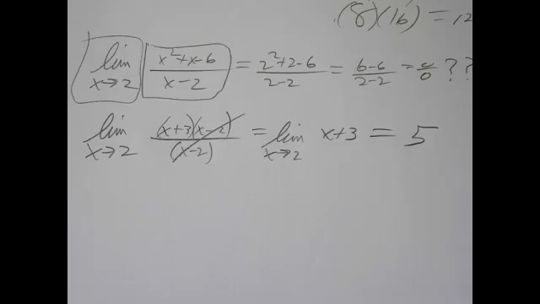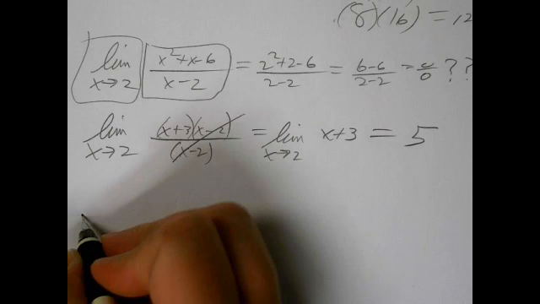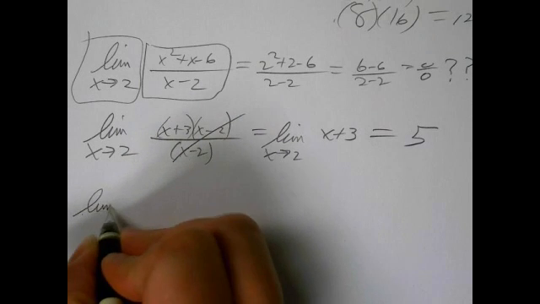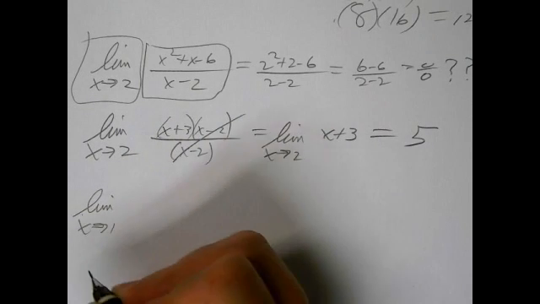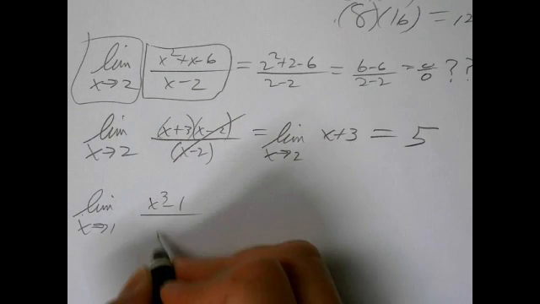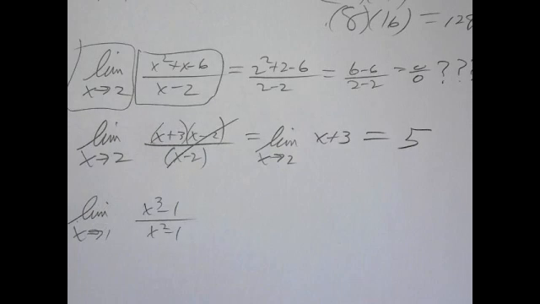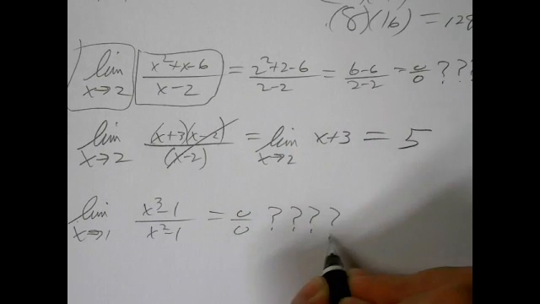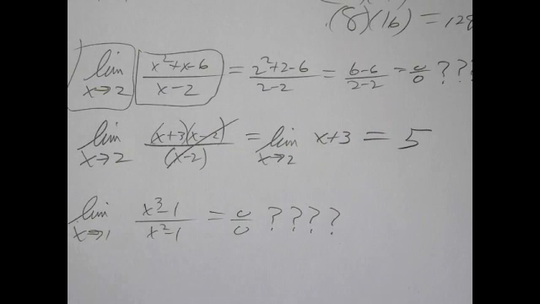Let's try it one more time. Let's say I had the limit as x approaches 1 of x cubed minus 1 over x squared minus 1. Once again, notice if you just plug in the 1, you get 0 over 0, which means we have no earthly idea what in the world's going on with this limit.